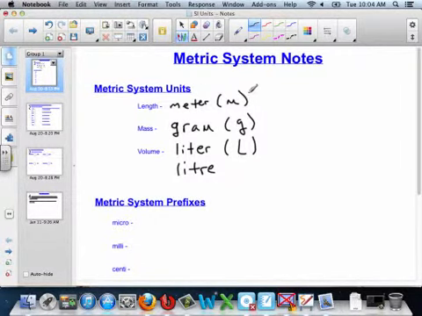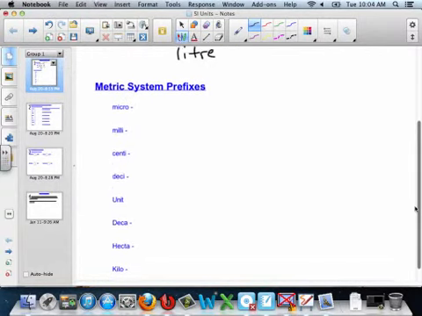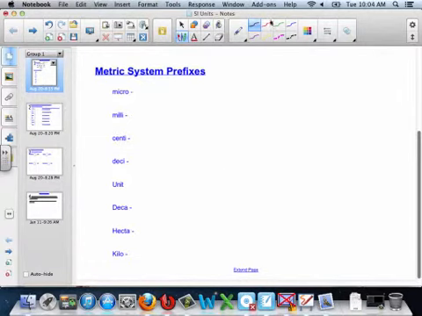So these are what we call prefixes. For those of you who remember your grammar, a suffix goes at the end of the word, so where do prefixes go? The beginning.